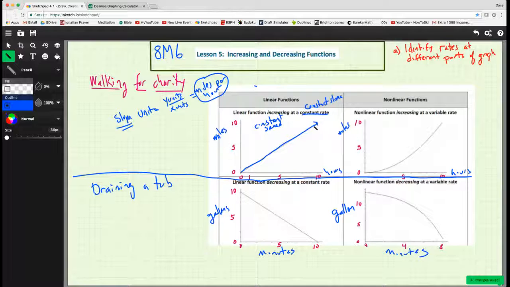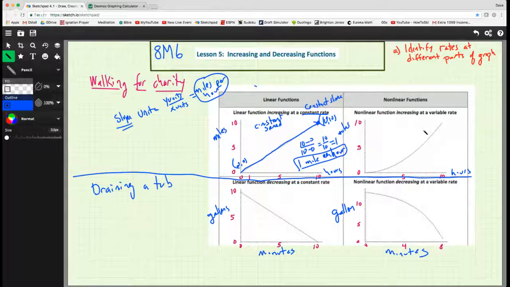And it turns out that if this is 10, 10, because in 10 hours we've gone 10 miles, and down here we have 0, 0, we can calculate our slope, which is 10 minus 0 over 10 minus 0 equals 10 over 10, which is equal to 1. So we're going 1 mile per hour. So we're walking for charity at a rate of 1 mile per hour. So that's this left example.